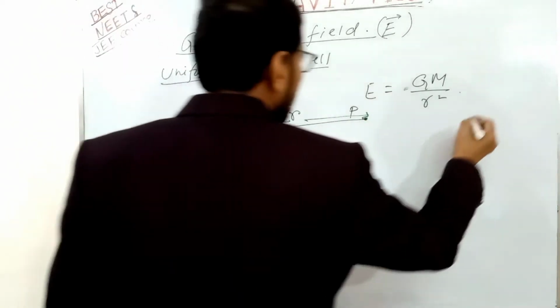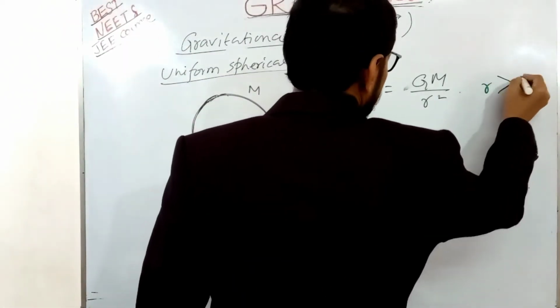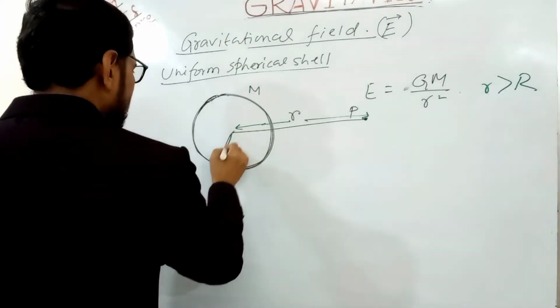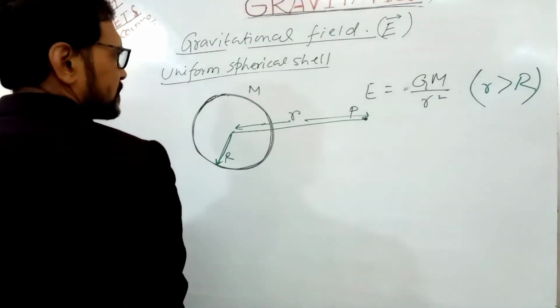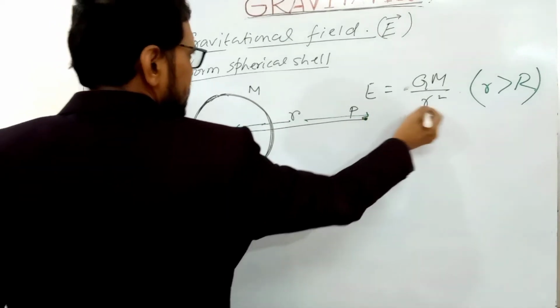and here r is greater than R. What is R? R is the radius of the sphere, the radius of the shell. So if the point is outside, E equals this.